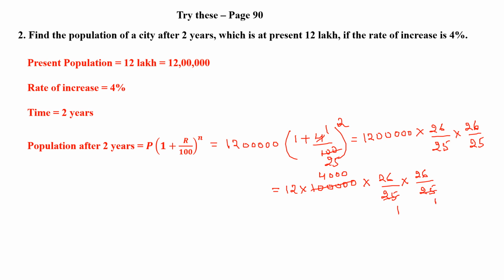And again 25 times 1 and this will be 25 times 160. So I will get it as 12 into 160 into 26 into 26, and if I multiply everything I will be getting 12,97,920. Clear?